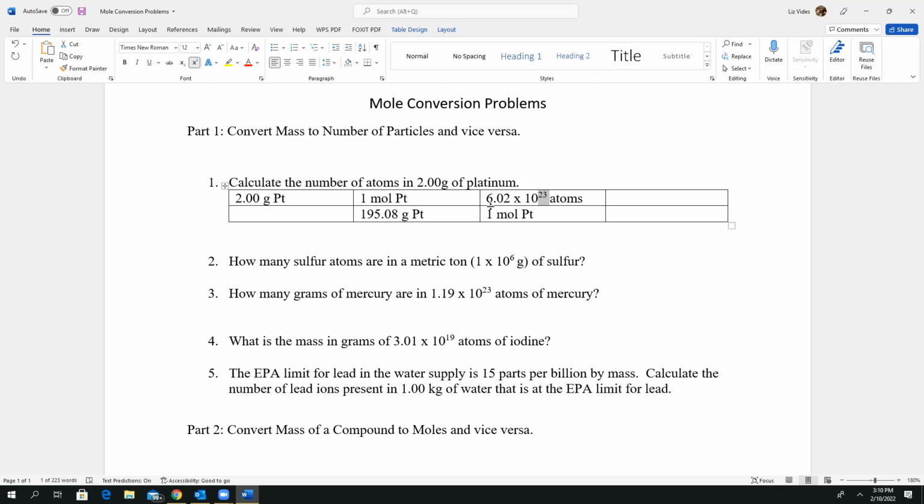Okay, so 2 times 6.02 and then divided by 195.08. And that gives you this number, and I'm going to put it down here, is 0.0617, with 3 sig figs. Now, that is how many times 10 to the 23rd, of course, right?